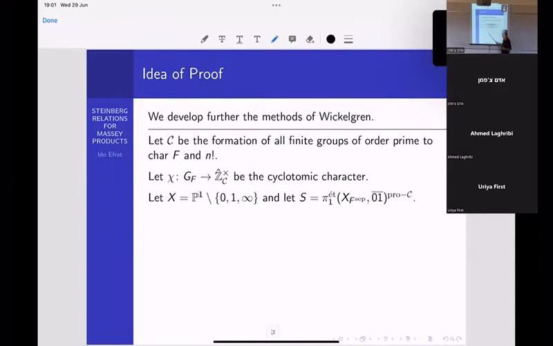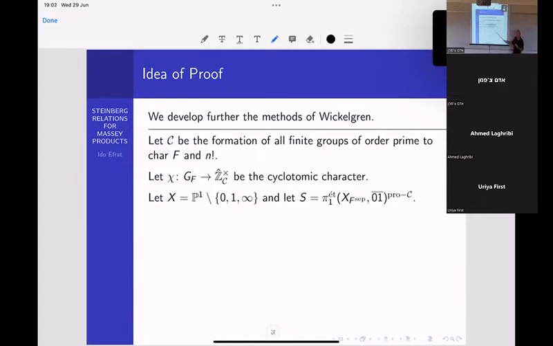Let X be the projective line minus three points, 0, 1, infinity, and let X extended by scalars to this base point, and here it is a tangential base point from 0 to 1, whatever this means. I will not speak about this. And then you take the pro-C completion and call it Z.